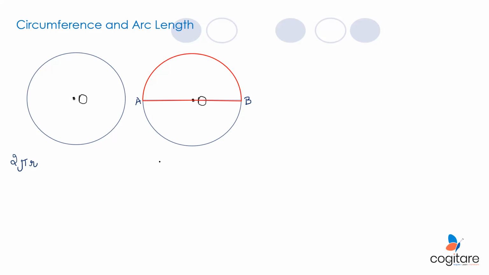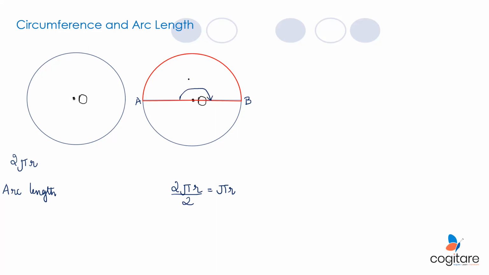So here, I'll write the word arc length here. The arc length of AB is 2 pi r by 2 because you're splitting the entire circumference into two parts. So it is pi r.